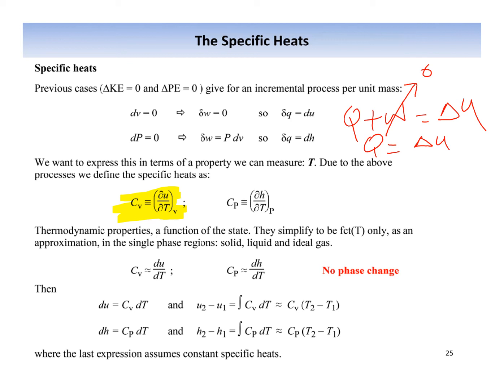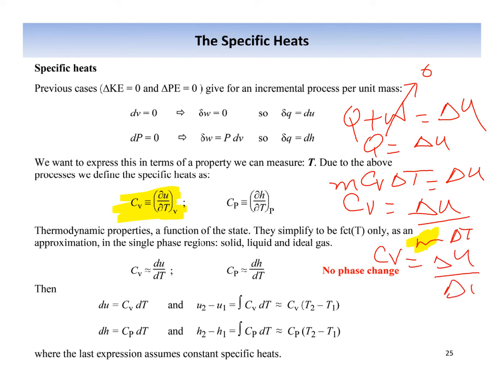Since we already know that Q is equal to mCp delta T is equal to delta U, sorry, Cv, constant volume, Cv is equal to delta U over m delta T. So for a specific system in which we talk about the energies of a unit mass, we can ignore m, and we can say that Cv is equal to delta U over delta T for a discrete system, and for a continuous system Cv is equal to du over dT, and this is what we are talking about.